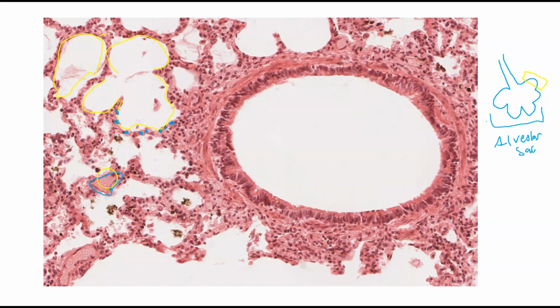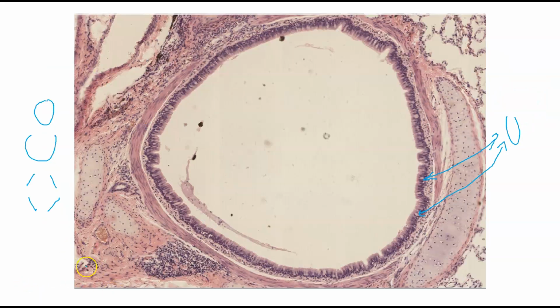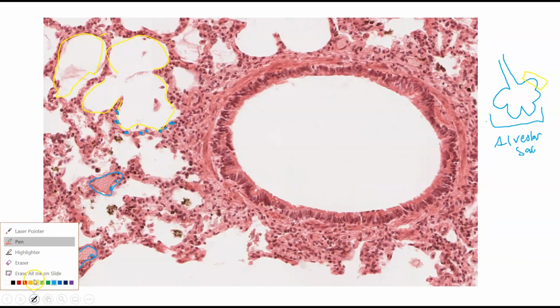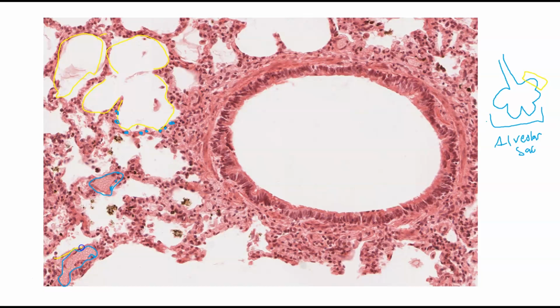Believe it or not, the blood vessel has red blood cells in it. So here's some blood vessels with red blood cells inside them, right next to an open alveolus.